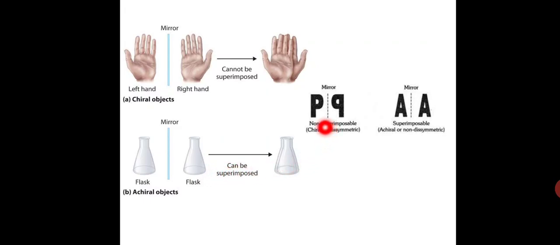In the alphabet also you can see various chiral as well as achiral letters. P is a chiral letter whereas A is an achiral letter. You can find some more examples, but here we are just confining ourselves to these simple examples to get an idea of chirality and achirality.